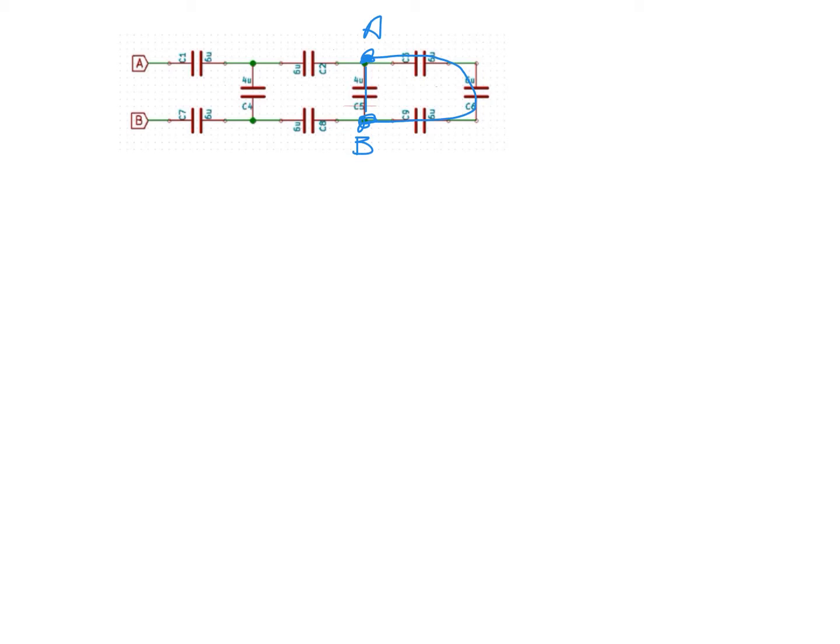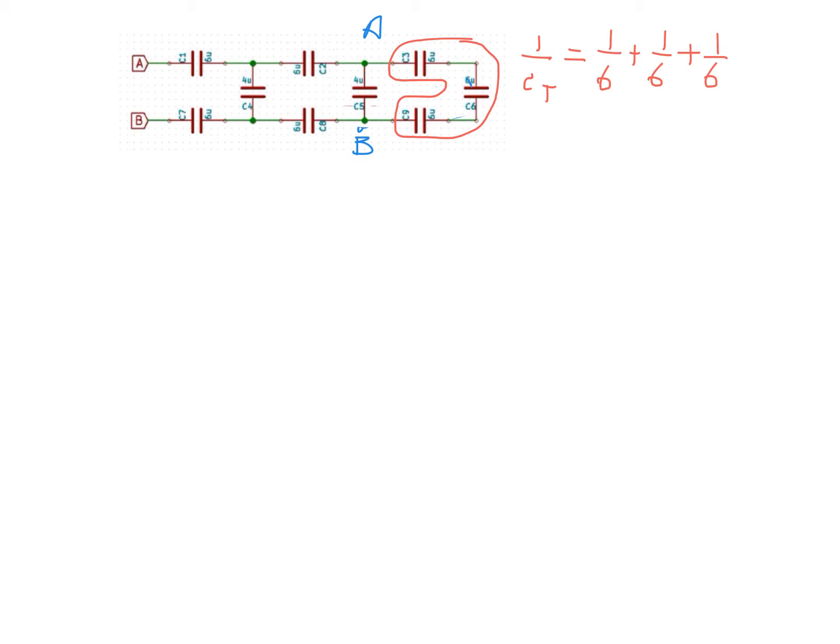The one on the right contains 3 capacitors, and those 3 are in series. So the 3 6 microfarad capacitors on the far right, I'll just circle them. These 3 capacitors are in series, so I'm going to combine them by the series rule. 1 over C total equals 1 over 6 microfarads plus 1 over 6 microfarads plus 1 over 6 microfarads.